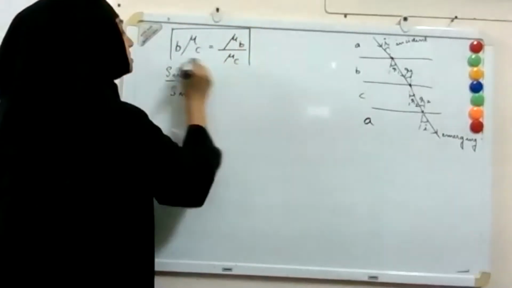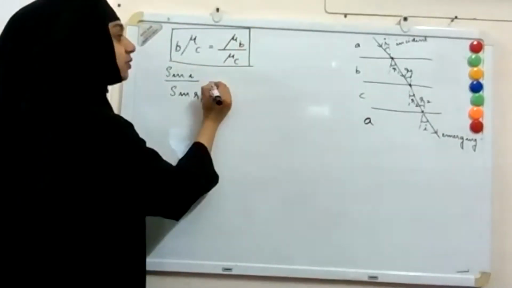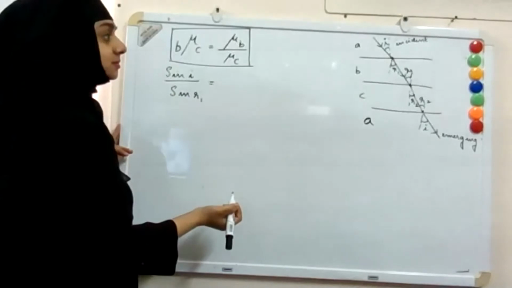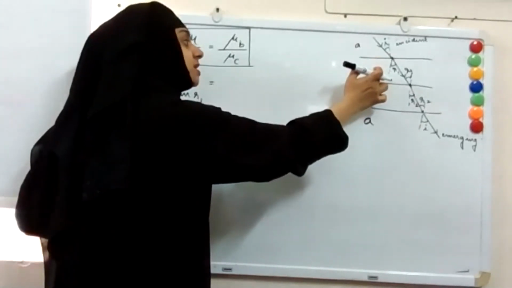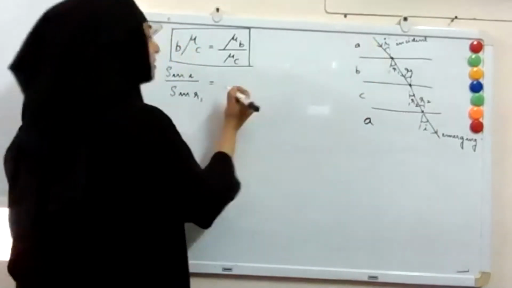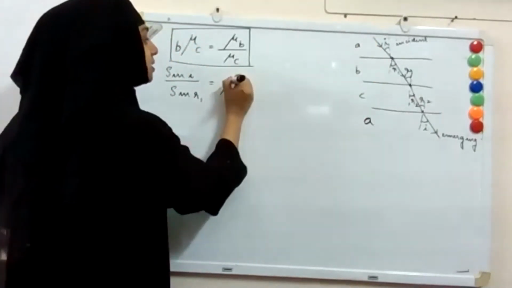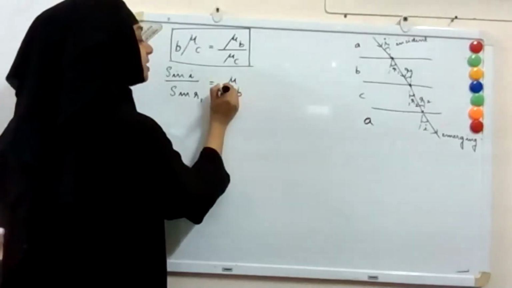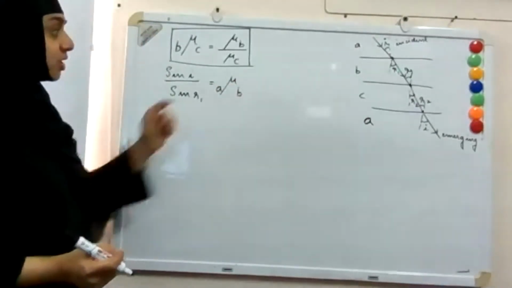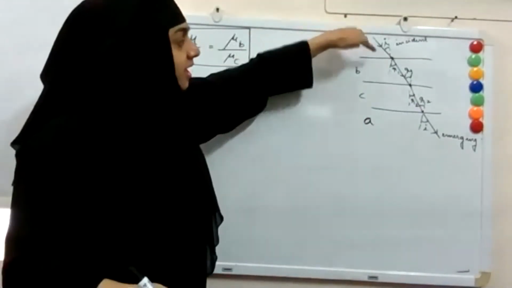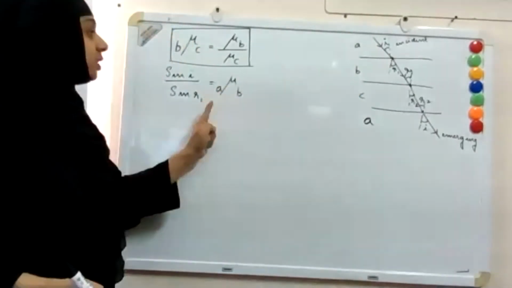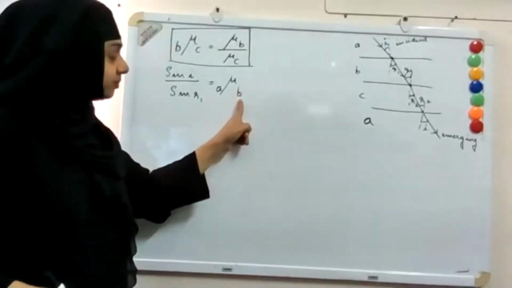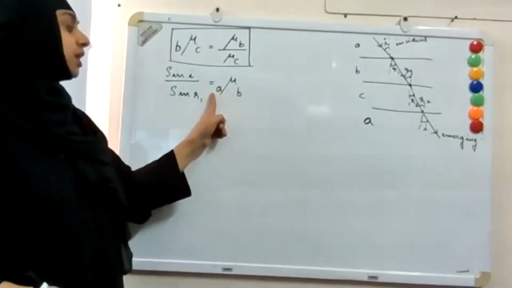It is equal to refractive index of the second medium with respect to the first medium. So we will write it as mu B with respect to A, because light is entering from A to B, right? So sin I by sin R1 is equal to refractive index of B with respect to A.